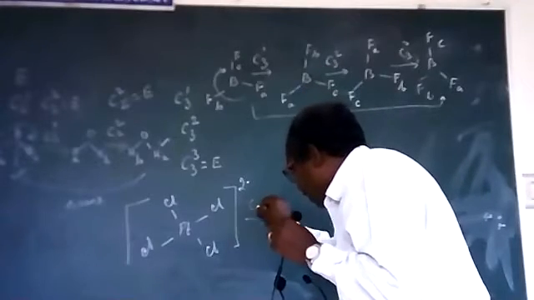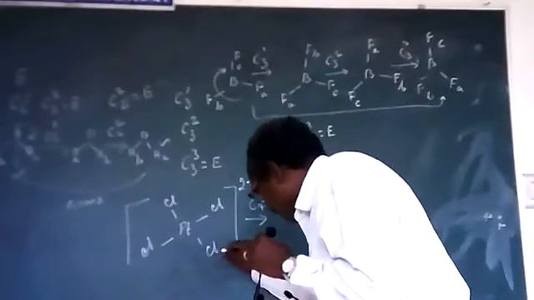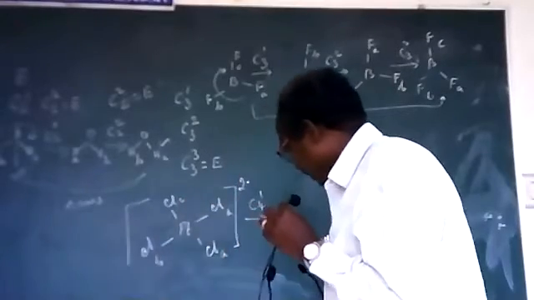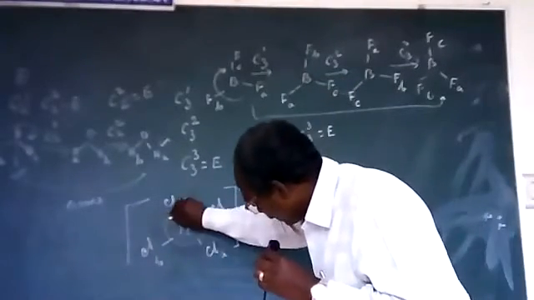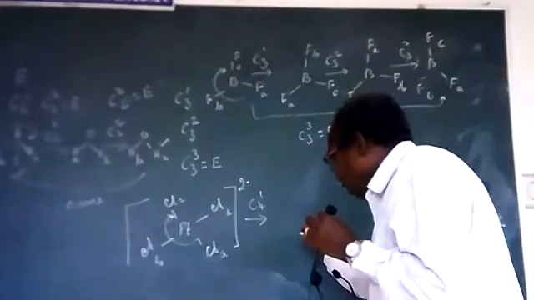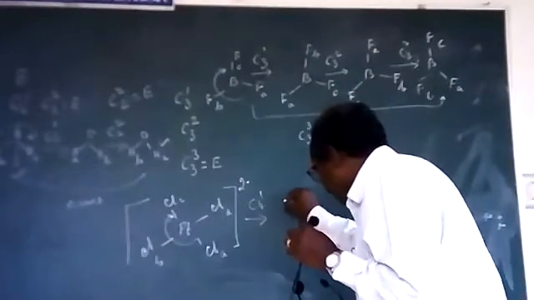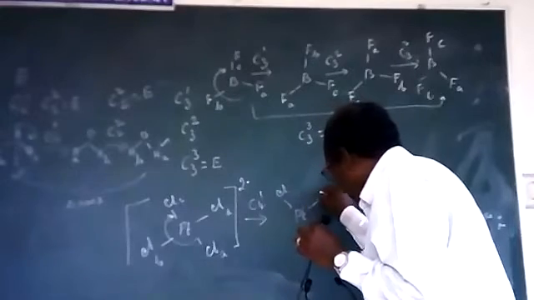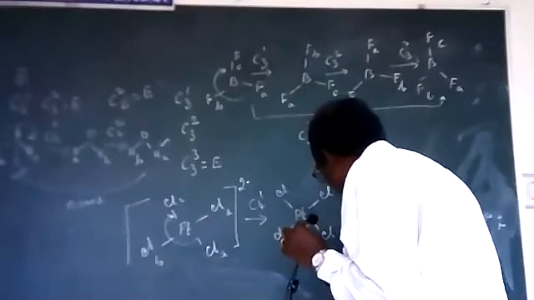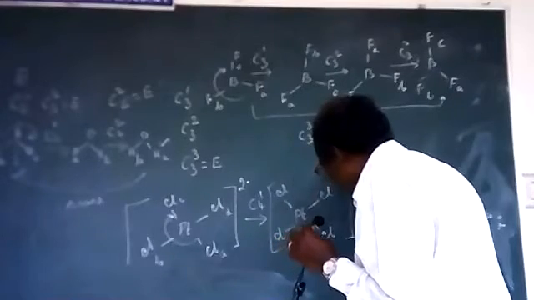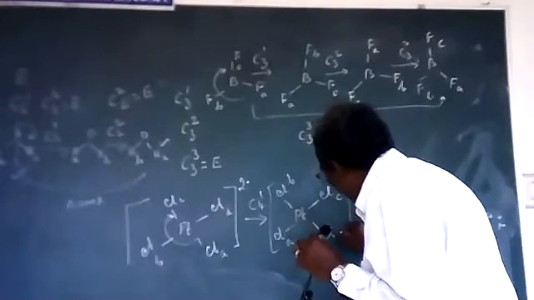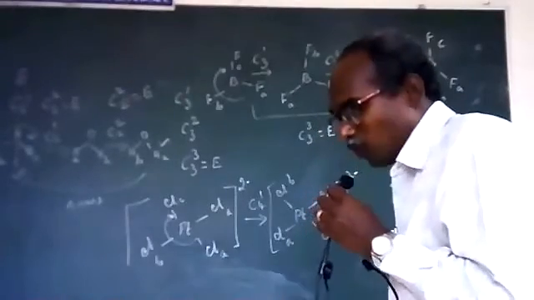Let me designate this as A, this as B, this as C, and this as D. C4 once: I am rotating the molecule about this direction. With platinum at the center, the four chlorine atoms change positions: A comes over here, B goes over there, C here, and D here. This is for C4 once.